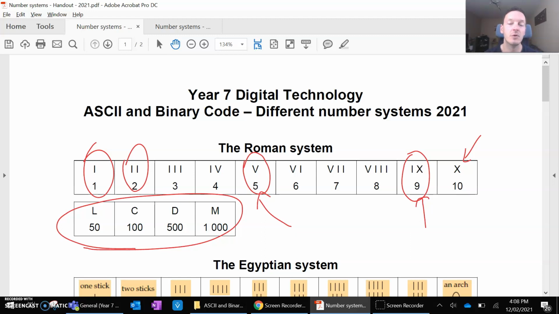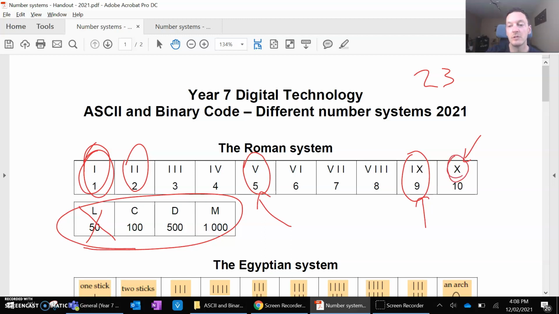So if I were to give you a problem such as convert the number 23 into the Roman system, all you would do is look at the table here and think, okay, well, what components of these make up 23 in its simplest form? And here, we can go, okay, well, we can't use these because 50 is too many. And we're not just going to use the ones here because that's not enough. But you know what?